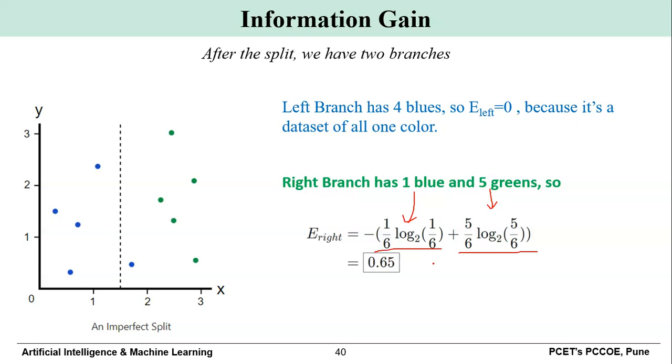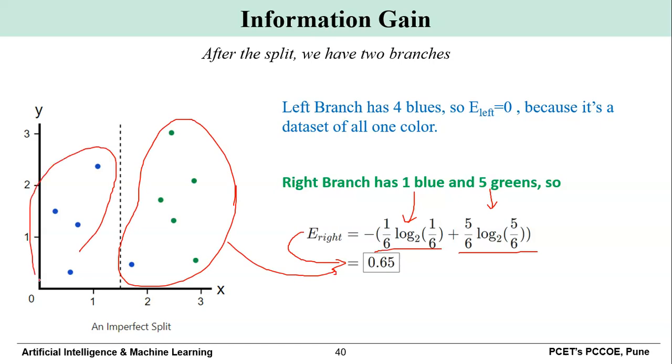For the right side branch you will get entropy as 0.65, whereas we already estimated the left side entropy as 0.